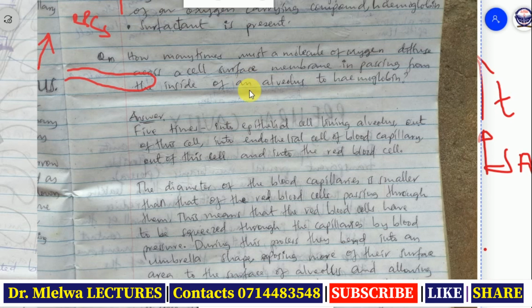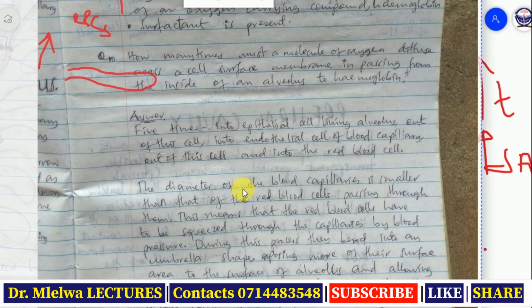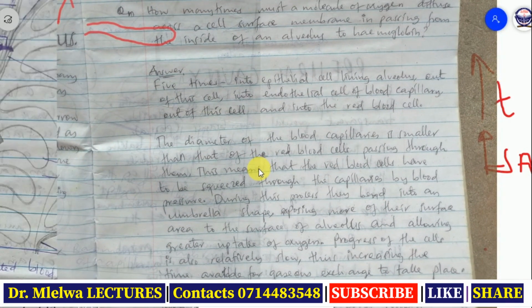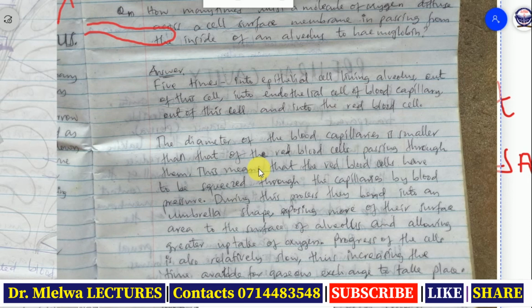You must also explain what that term of 5 times means. This explanation explains what was happening in that diagram, because I started in front, then I came back, because that diagram is on the next page. The diameter of blood capillaries is smaller than that of the red blood cell passing through them. This means that the red blood cells have to be squeezed through the capillaries by blood pressure.